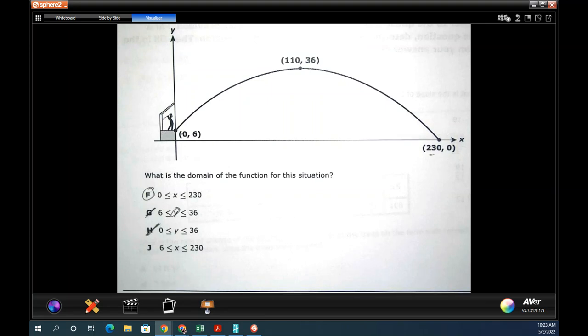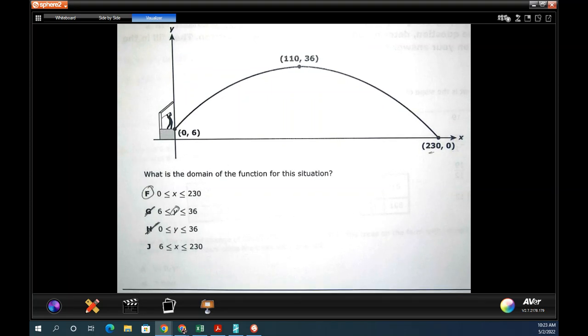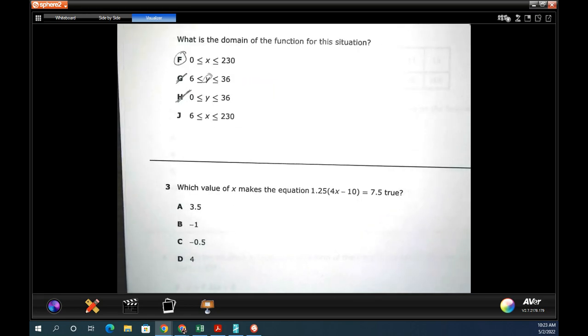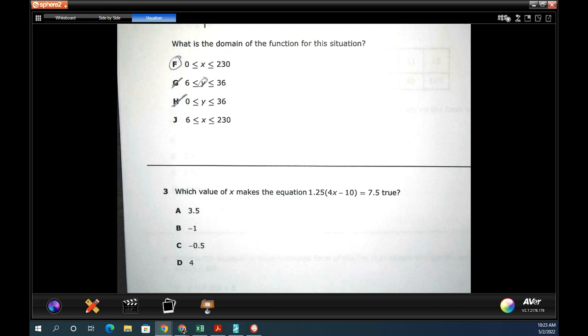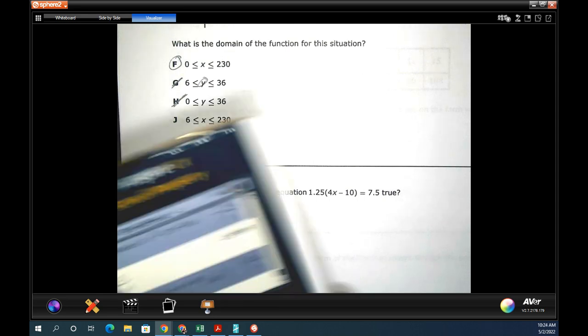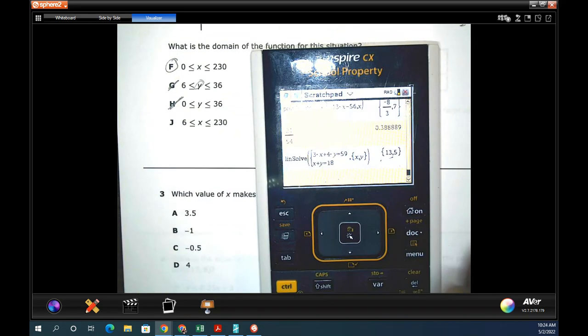Now, here's the deal. Which value of x makes the equation 1.25 times 4x minus 10 equals 7.5? All right, get your calculators out. Go to just your regular screen, where you're in calculate.